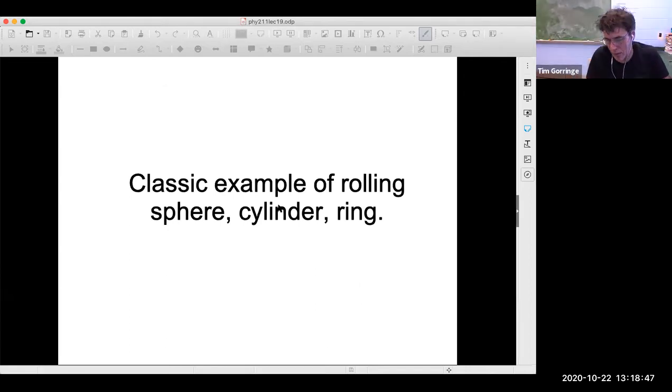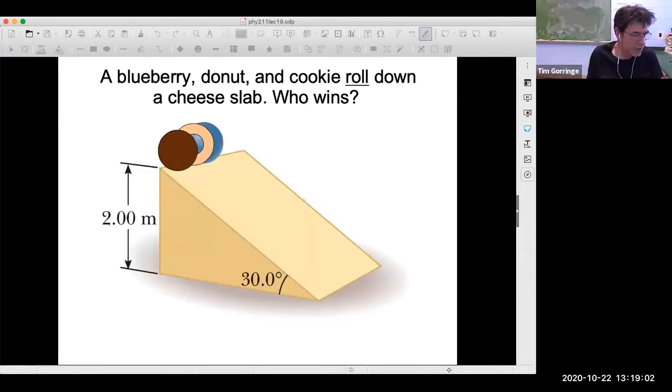this problem, which is something I really enjoy, this classic, famous physics problem of a rolling sphere, cylinder, and ring. So I want to get onto this. Here's the problem that we're going to analyze.